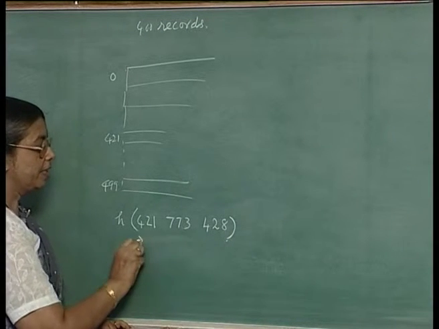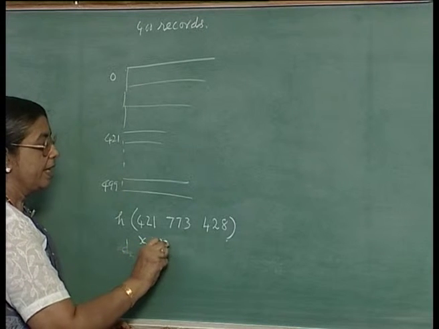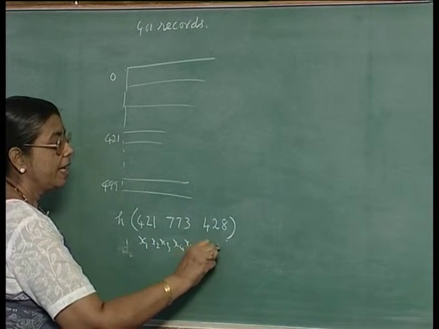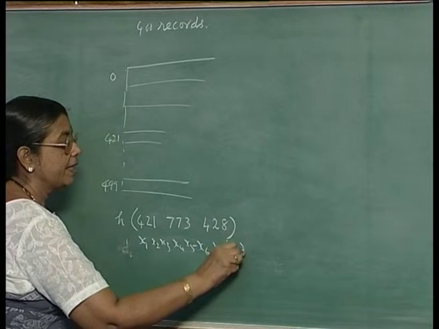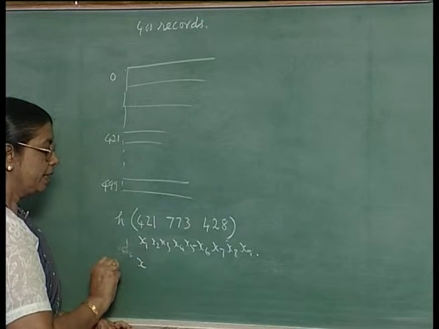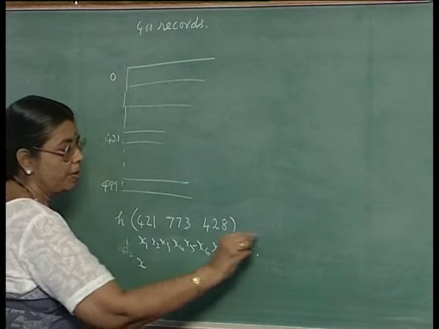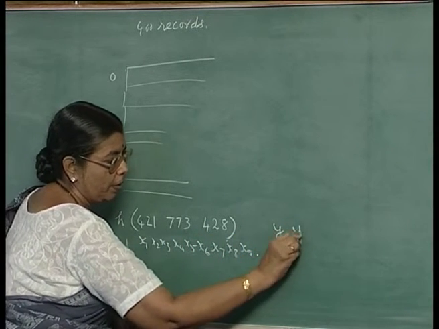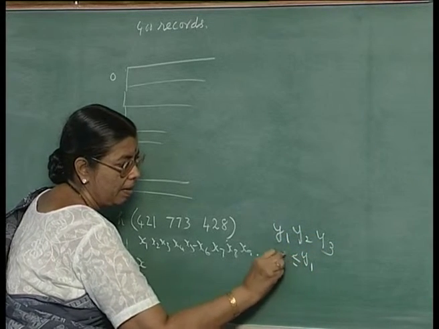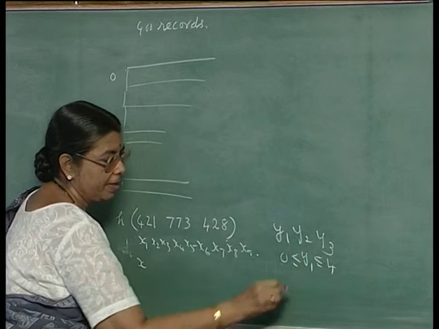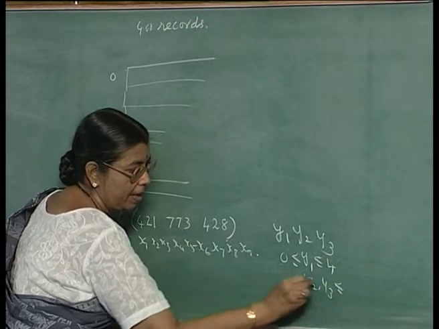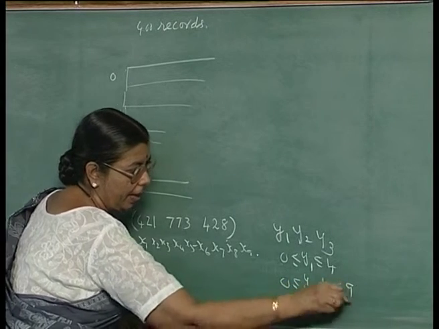If I denote the number as x1, x2, x3, x4, x5, x6, x7, x8, x9, then you may define like this. This has to be reduced to a number y1, y2, y3, where y1 will be between 0 and 4, and y2 and y3 can be between 0 and 9.